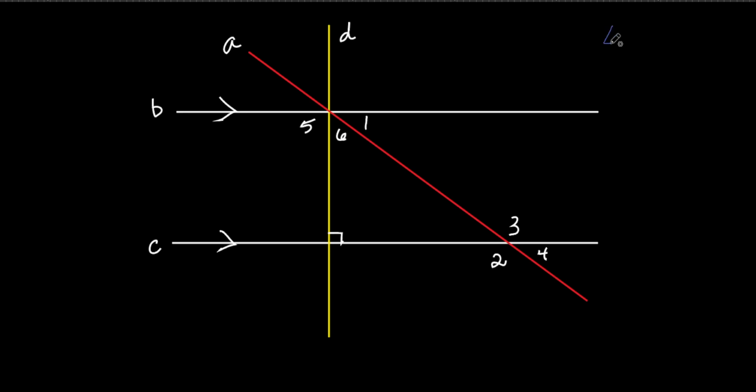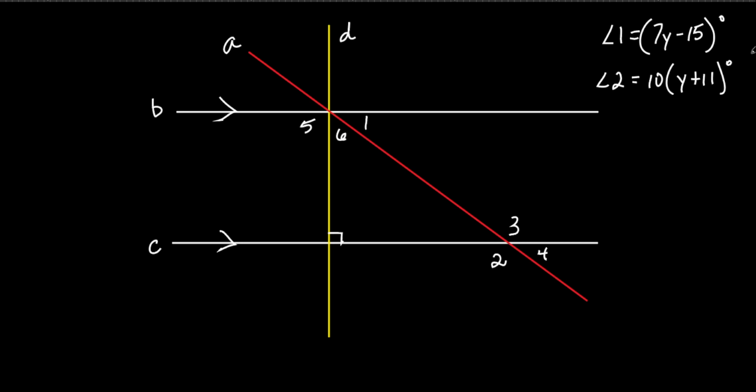And let's put this up here. They tell you something about angle 1. They say that it's 7y minus 15 degrees. And they tell you angle 2. Well, they kind of tell you angle 2. It's 10 times y plus 11 degrees.